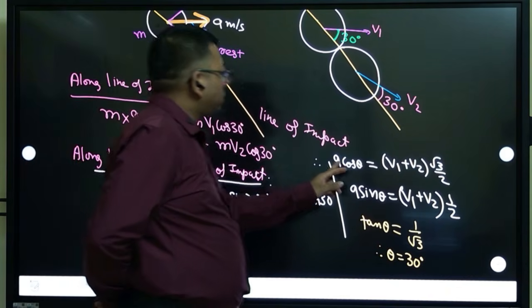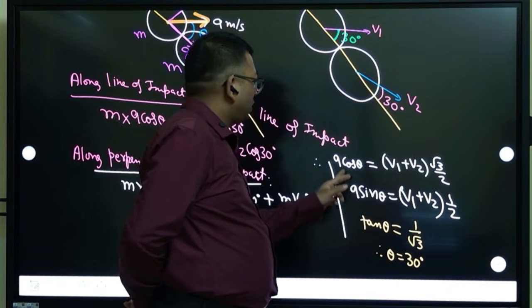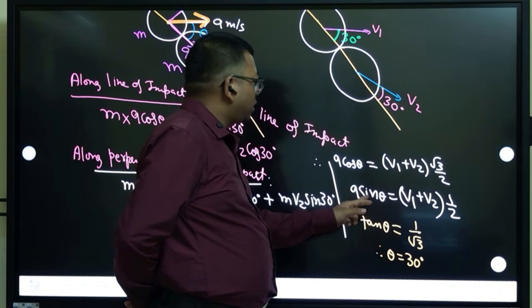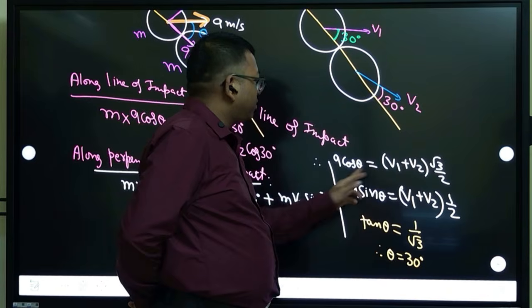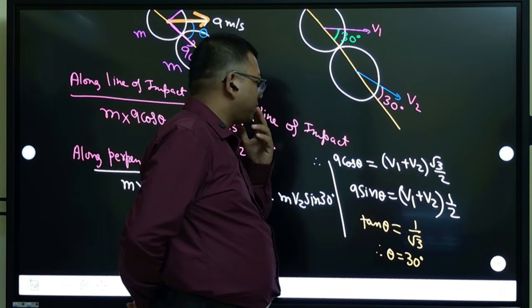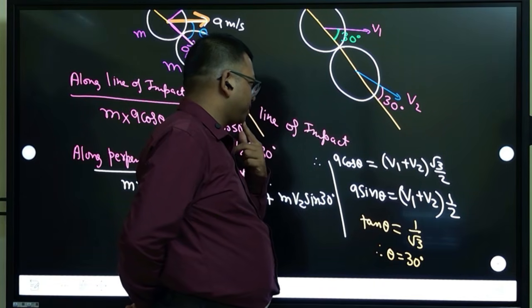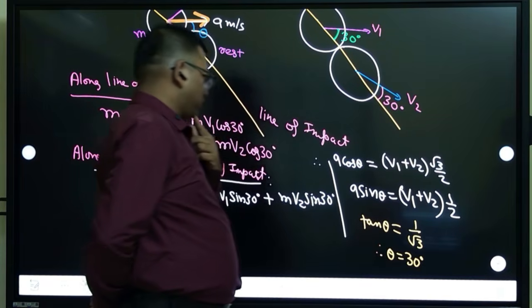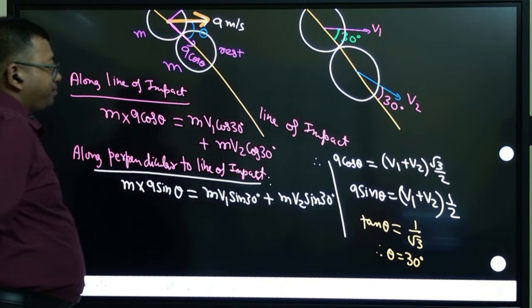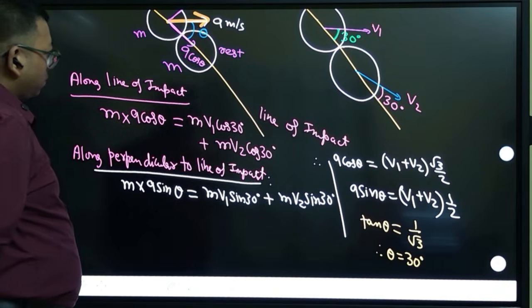Because cos theta is root 3 by 2, then sin theta is half. So that means V1 plus V2, but from here we will not be able to solve it, because that will give only the same equation, correct? We need some more information.